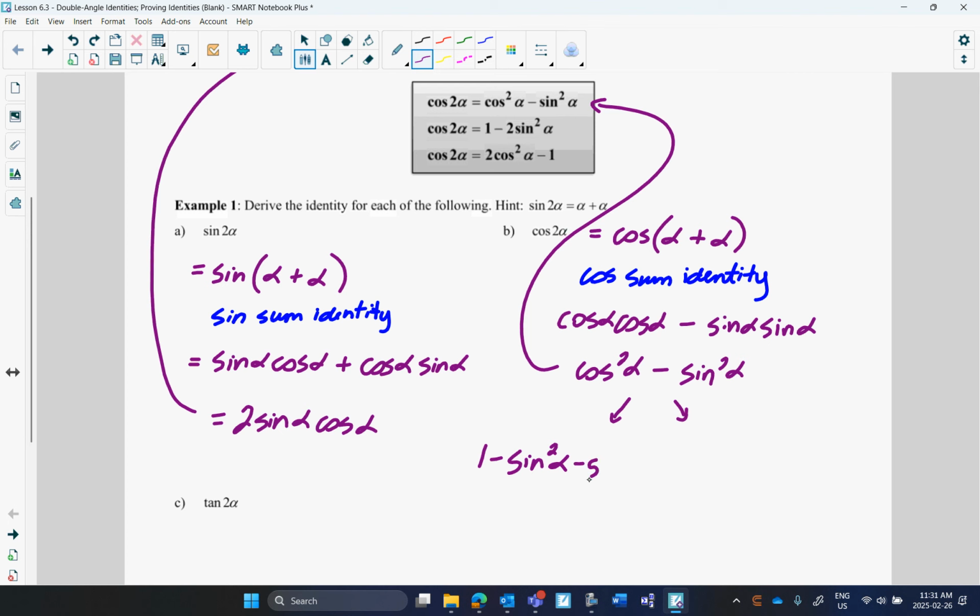So instead of cos squared alpha, I can write 1 minus sine squared alpha. Well, I got two like terms. Minus sine squared alpha is minus 2 sine squared alpha. We just proved that one.